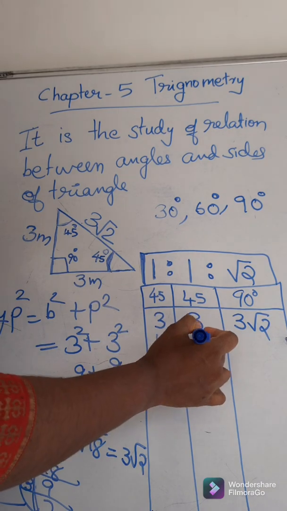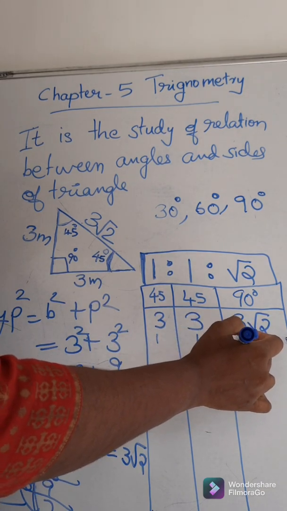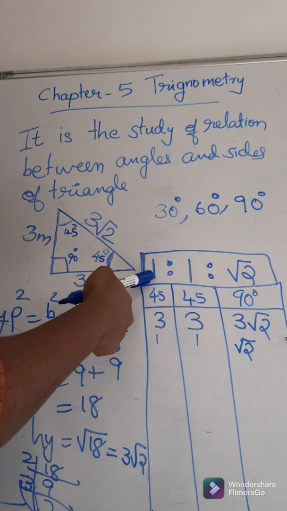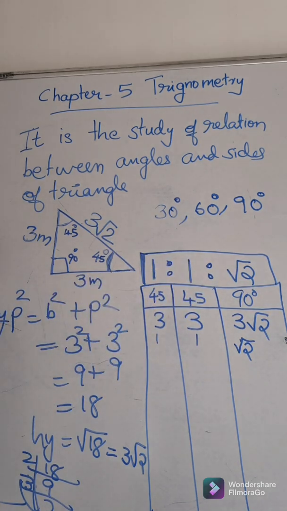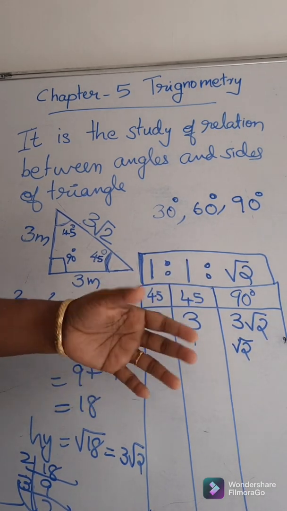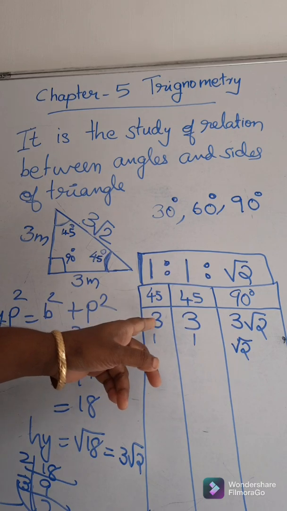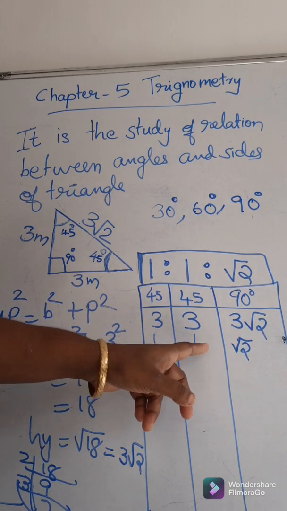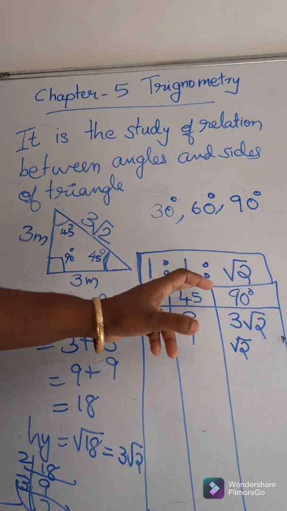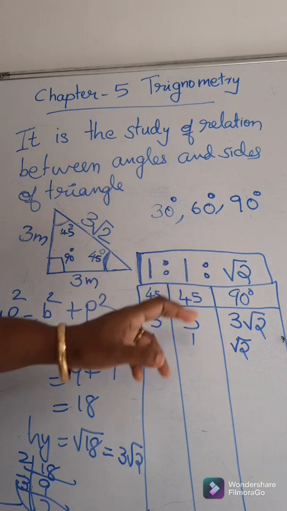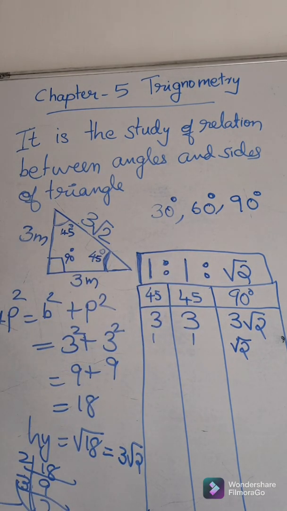This will come 1, this will come 1, this will come root 2. We get the same ratio in the simplest form. So 1 is to 1 is to root 2. This ratio we learned in the 9th class.